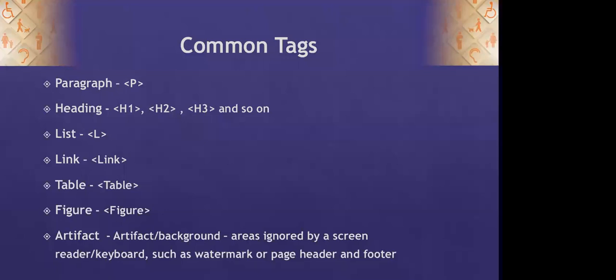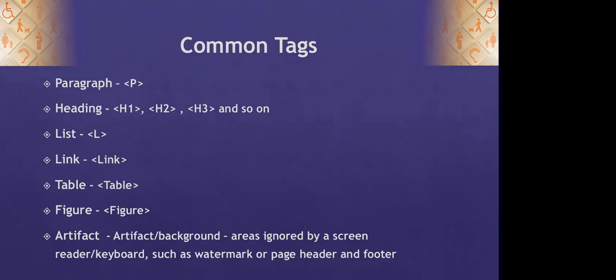Lists, and this would be bulleted lists. Links are wrapped in a link tag, and data tables are wrapped in a table tag with appropriate table tags underneath that. Figure for images, charts, graphics, logos, and the like.